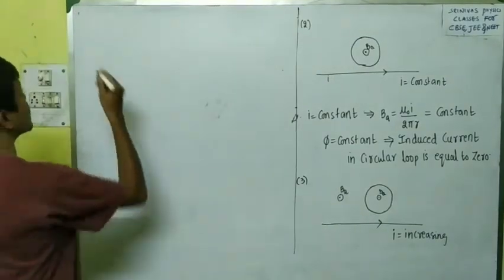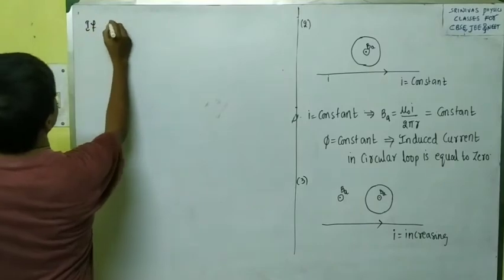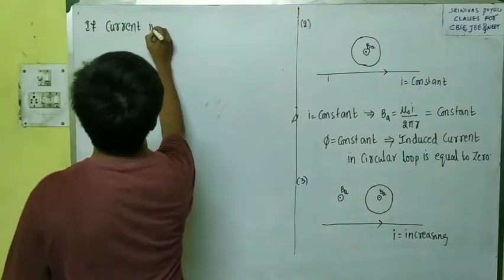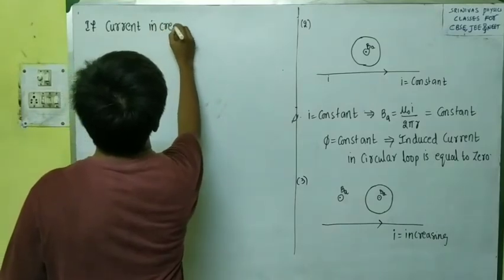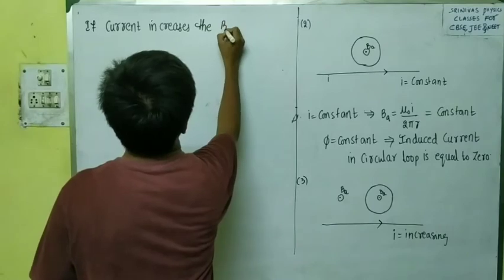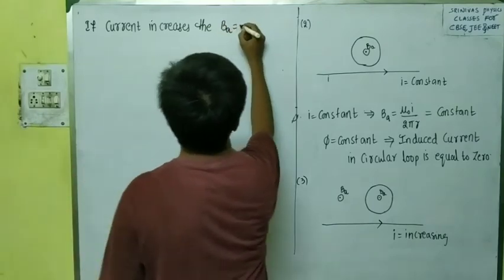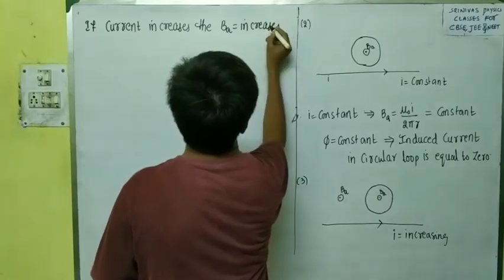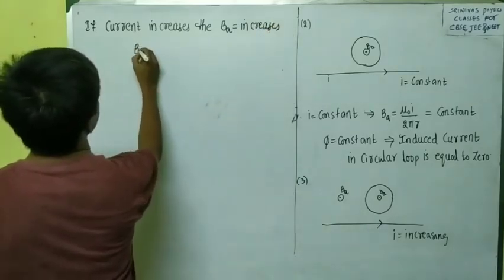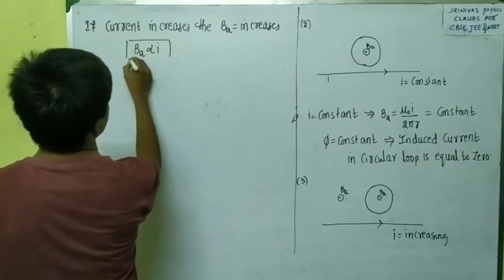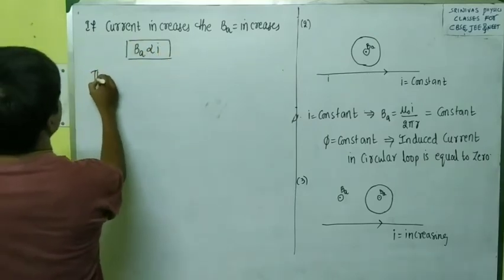If current increases, right? If current increases, then applied field increases, right? Applied field increases because applied field is proportional to current. Then applied flux increases.